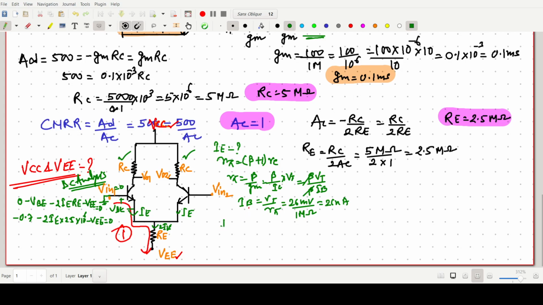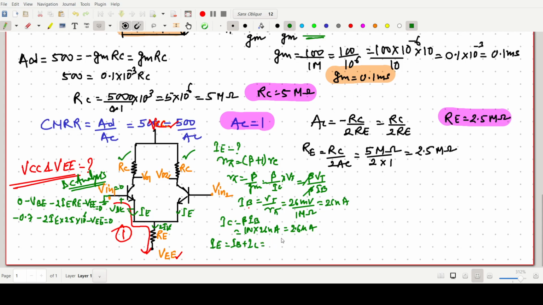Now we can find the IC value. It should be beta IB. The beta value is given as 100, into this 26 nanoampere, so it is around 2.6 microampere. Then the IE value is simply IB plus IC.